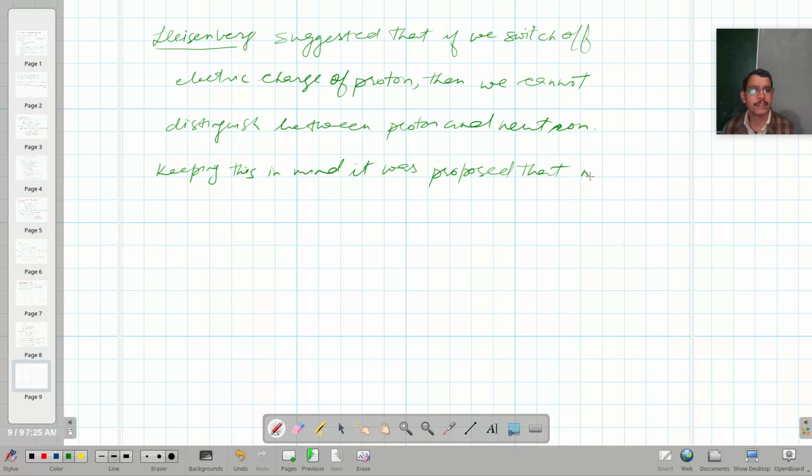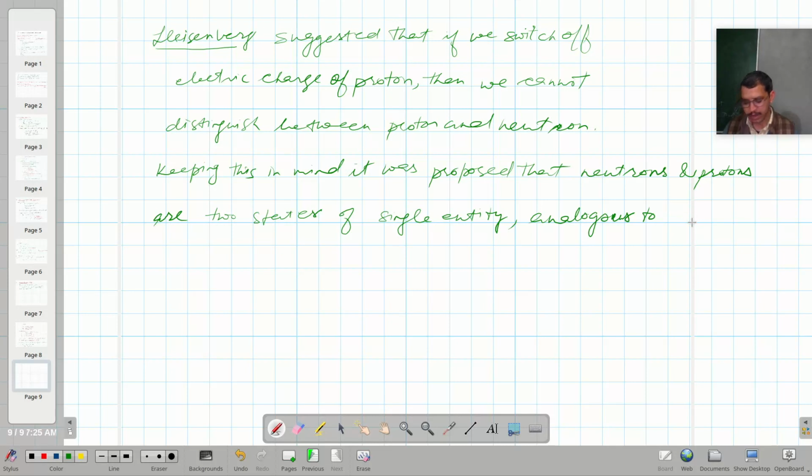neutron and protons are two states of a single entity, which is analogous to spin up and spin down states of spin half particles.